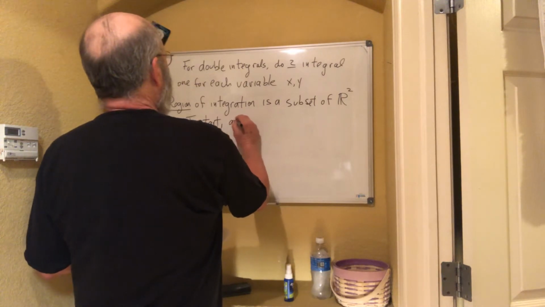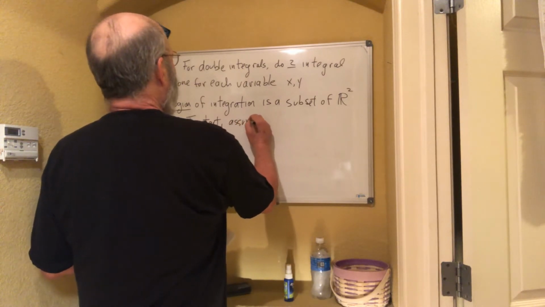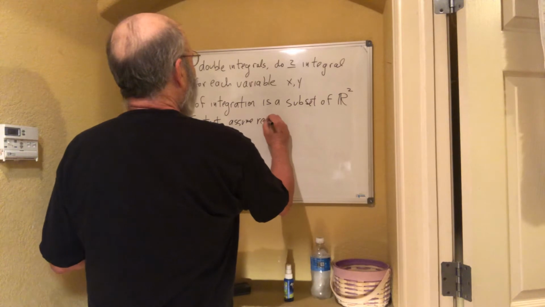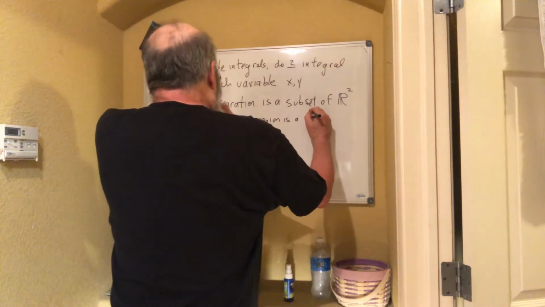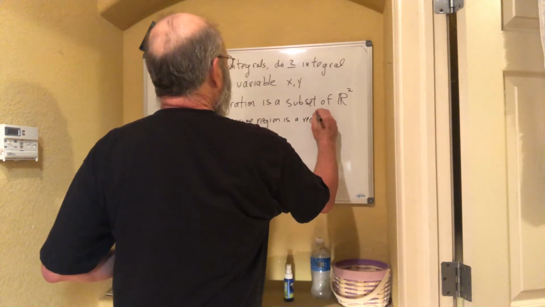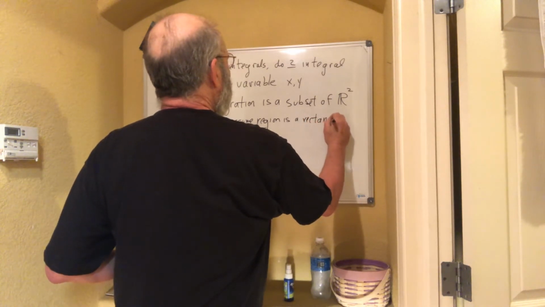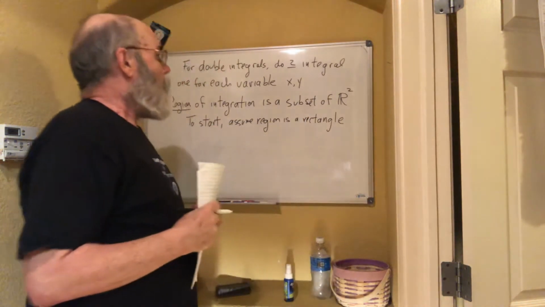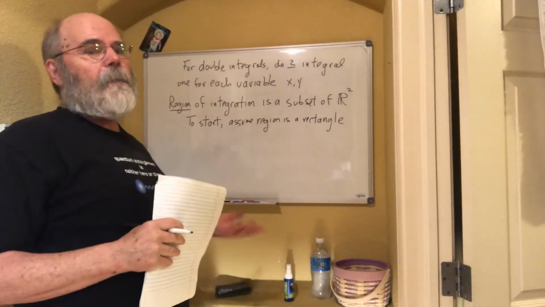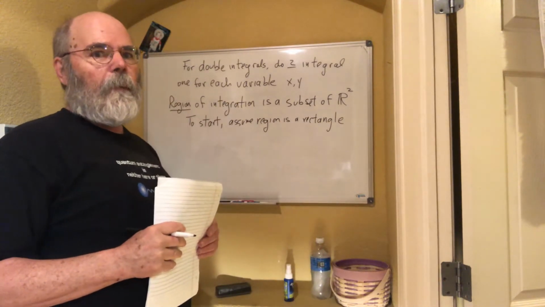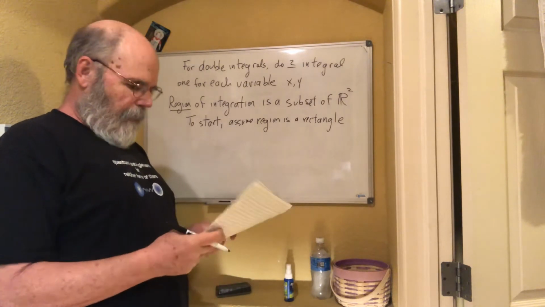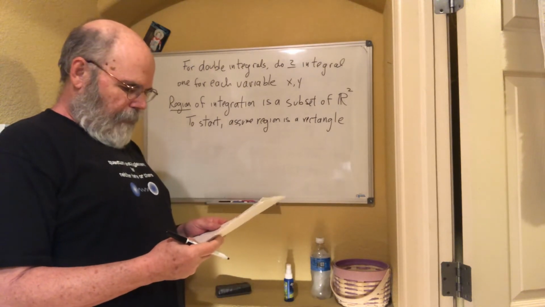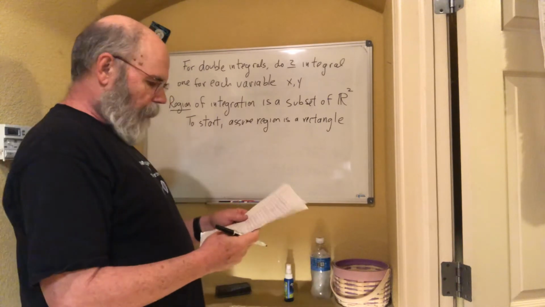Assume that the region is actually a rectangle. We start with a rectangle because it makes everything really pretty simple. We will have to look at more general regions as we go along, but here's how you start.